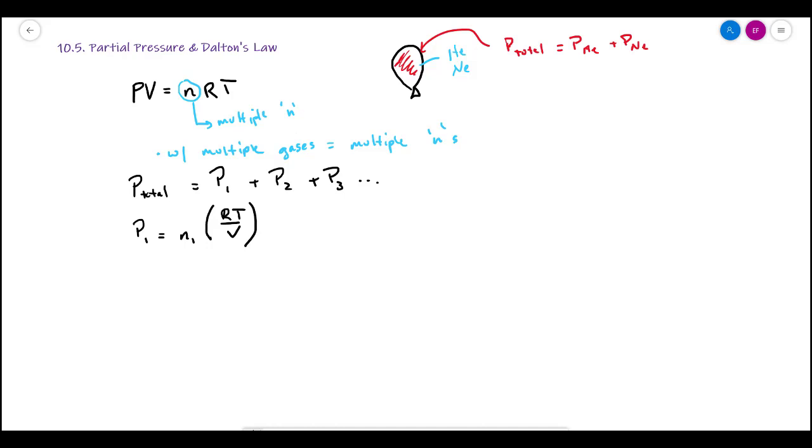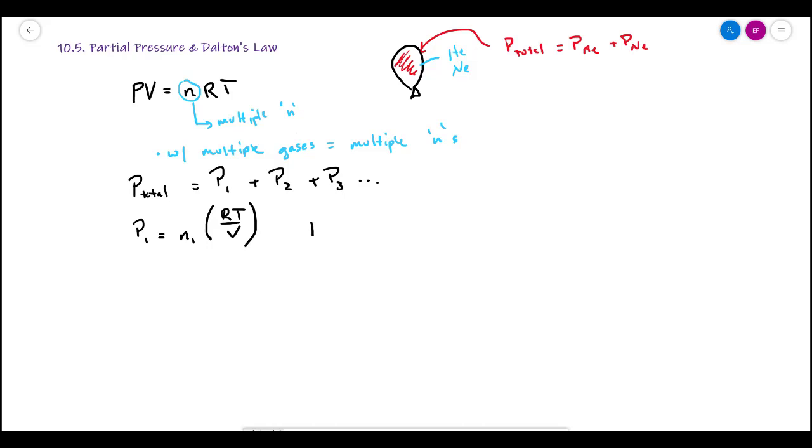So for the pressure of the first gas, P1, which could be the same as, say, just the helium, that's going to be the amount of that gas, n1, times the gas constant, the temperature, divided by the volume, all of which are constants in the system. They're unchanged and unfazed by the fact that there are multiple gases.